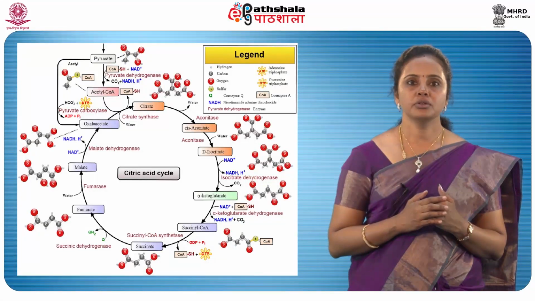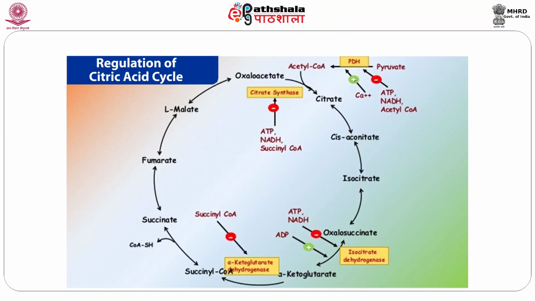NAD to produce NADH. Next, let us see how the reactions of the citric acid cycle are regulated. This regulation is very straightforward. 3 factors govern the rate of flux through the cycle. 1. Substrate availability, 2. Inhibition by accumulating products, and 3.